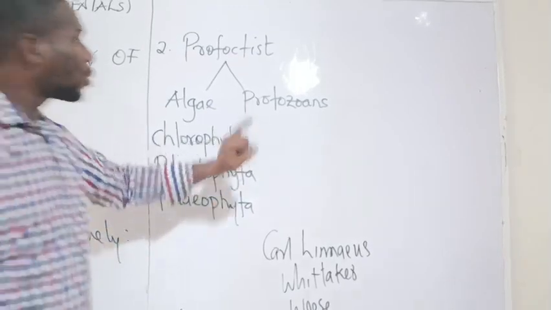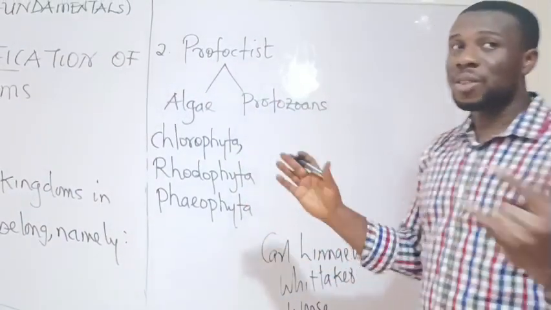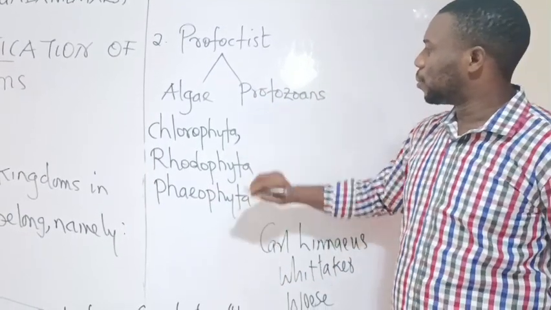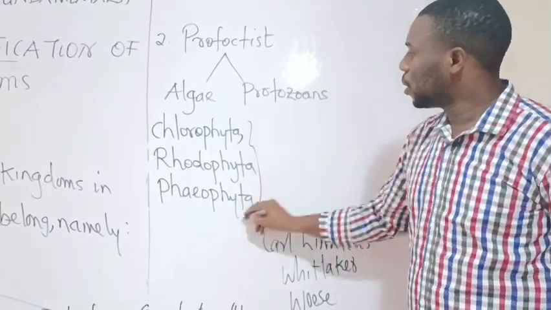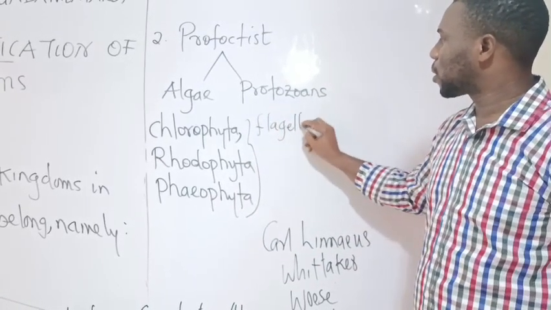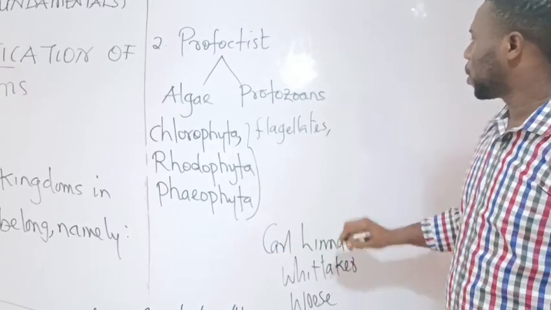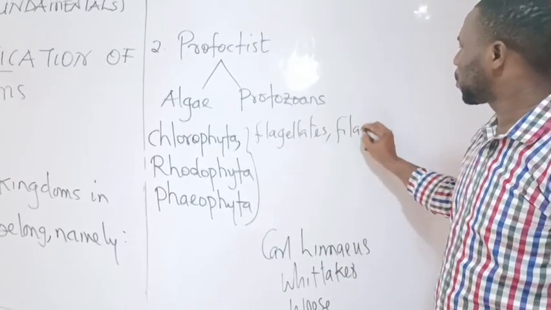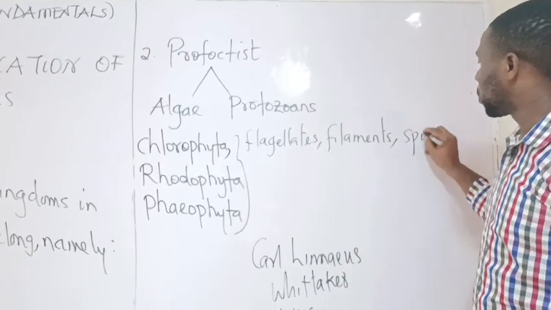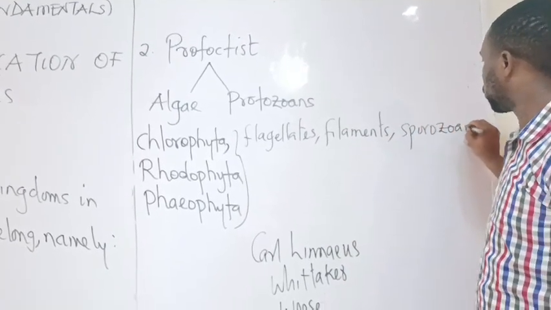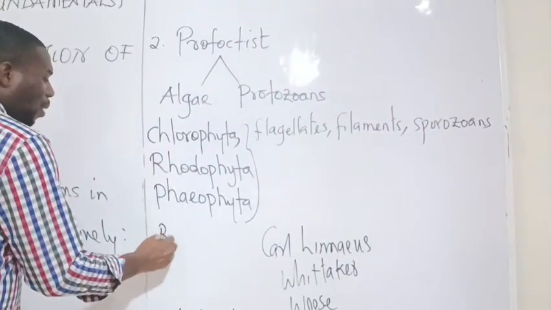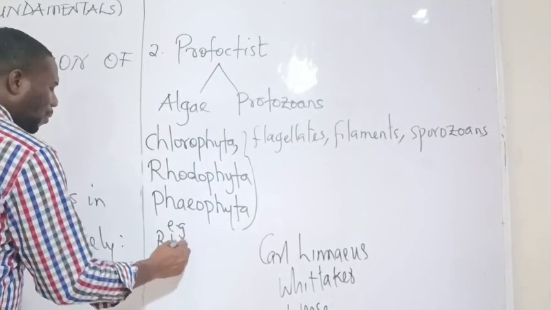Now, the same goes with the protozoans. Protozoan is just a generalized, collective term referring to the flagellates, the filaments, and of course the sporozoans. So I give an example of an algae: we have the bladderwrack.